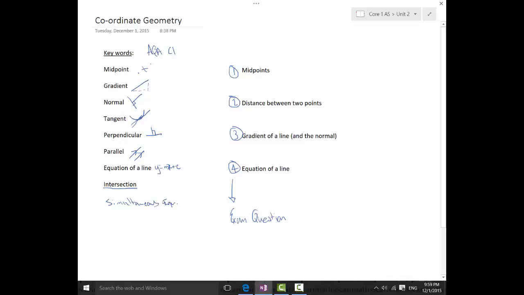Now, if you can handle simultaneous equations, then carry on. If not, please look at the videos that I've already done on solving by substitution and also solving by elimination. Okay, but without further ado, we're going to move straight on to the midpoint.